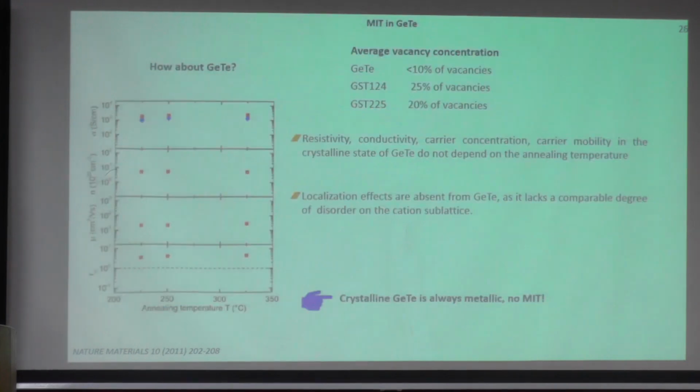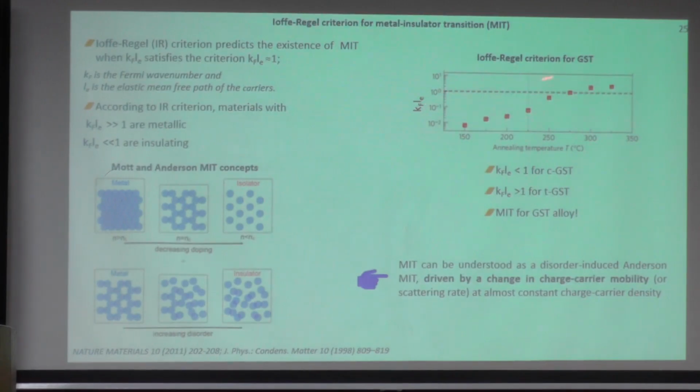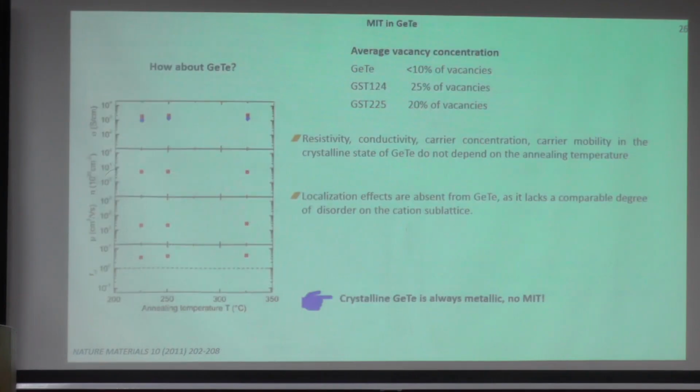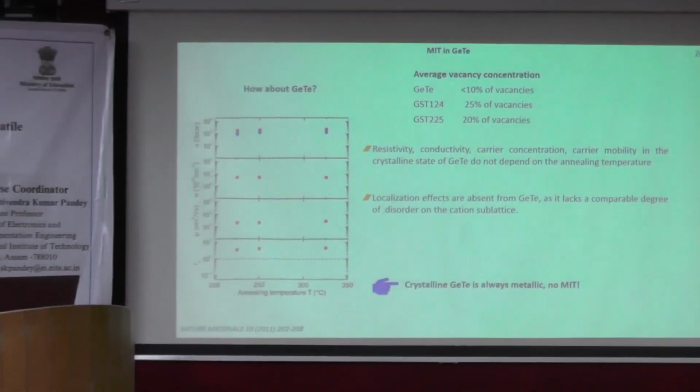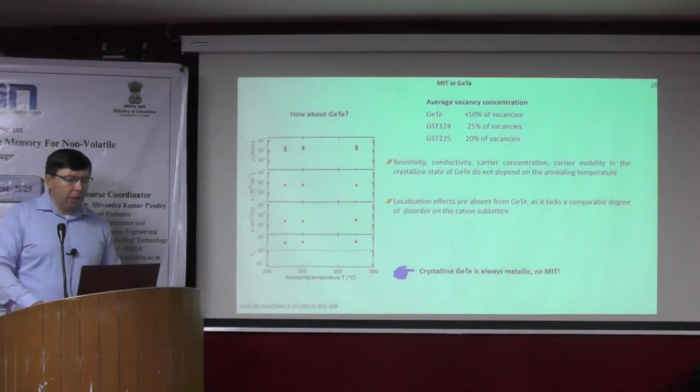On the next slide, but first, this MIT was considered for the GST system, germanium antimony telluride, which contains around 20% of vacancies. But germanium telluride, another phase in this system, does not contain so many vacancies.